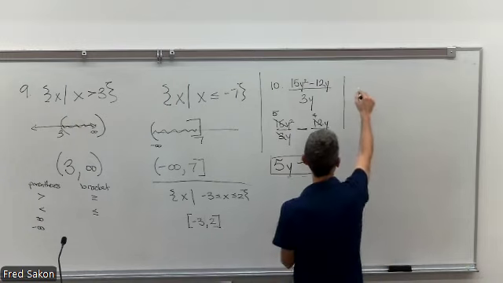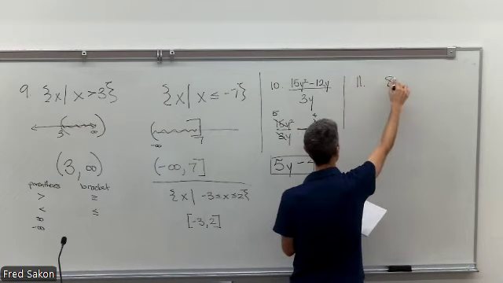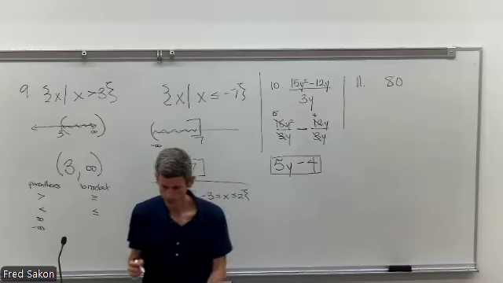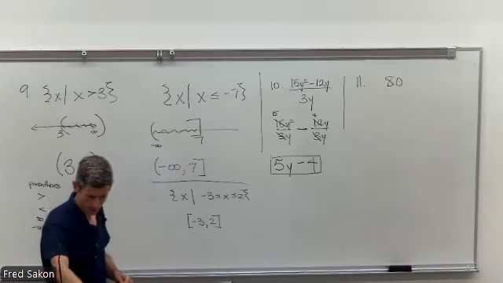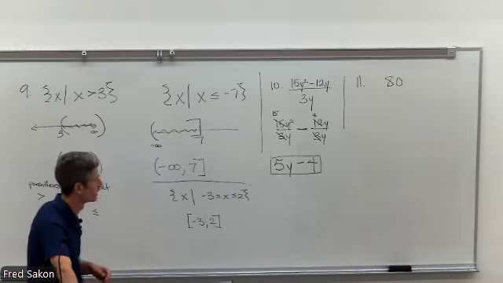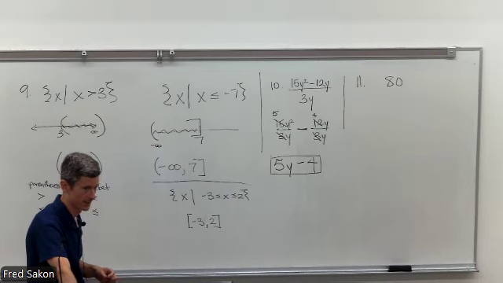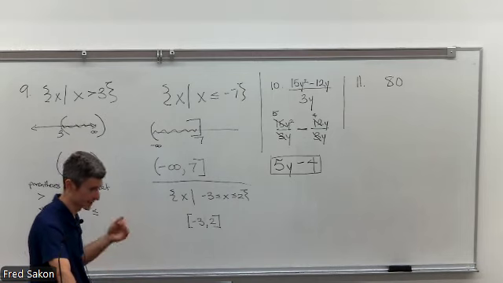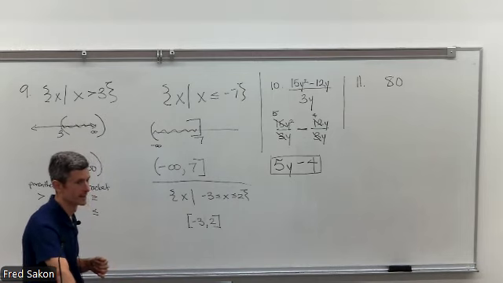For that 11, we're to find all the factors of 80. So tell me, describe for me how you might approach that. Find all the factors of 80. Okay. 2 times what? That's fine. Divide 2, what do you get? 40.